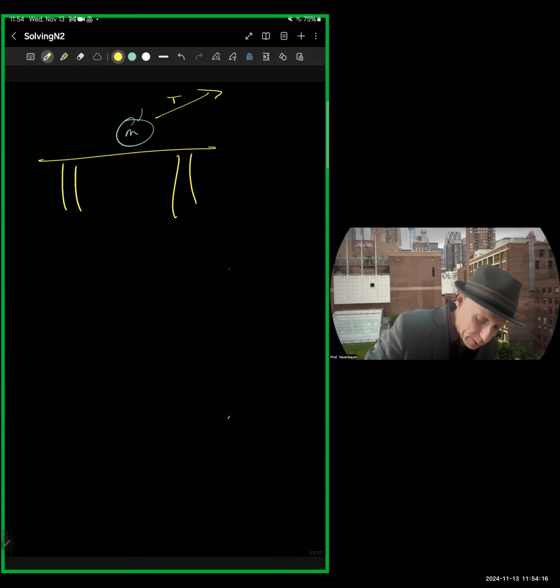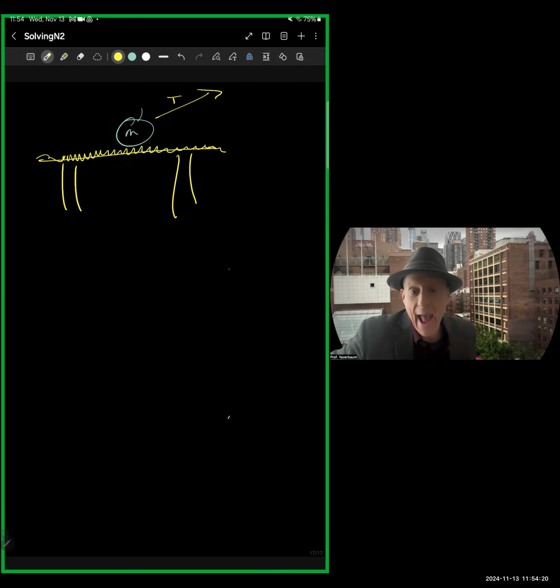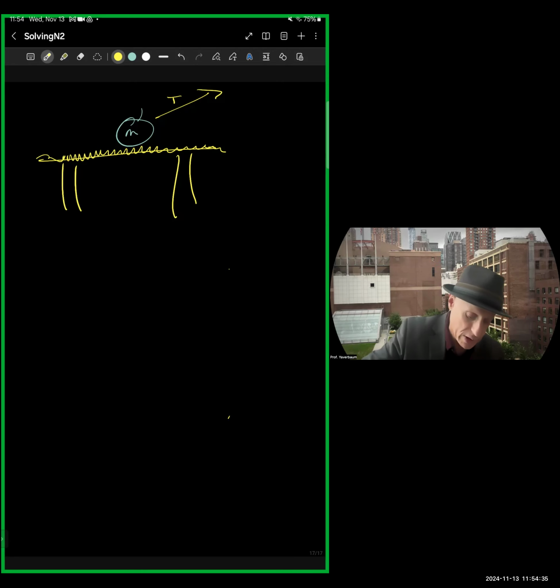the table's actually rough. It's realistic. It's rough. And its roughness is identified, let's say, by what we call the coefficient of friction, specifically the coefficient of kinetic friction, or some people call it the coefficient of sliding friction. Let's say the roughness is identified by this number called mu sub k.